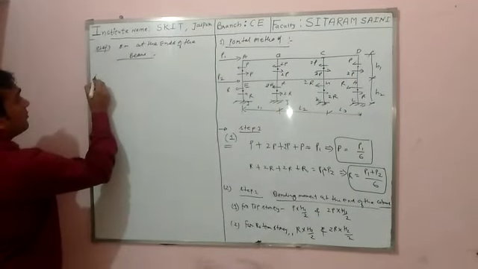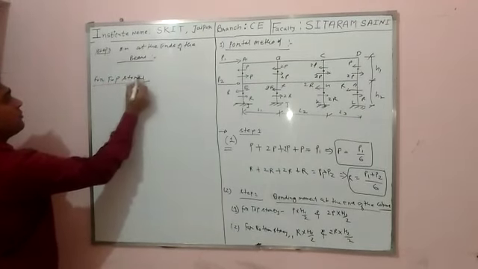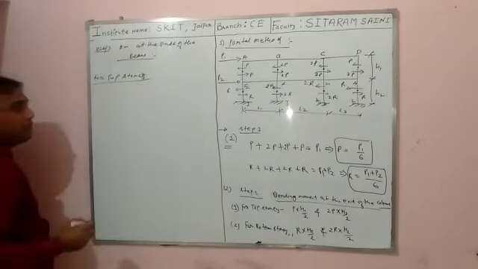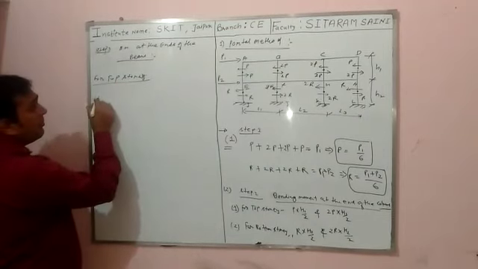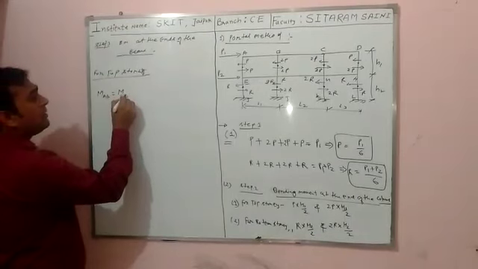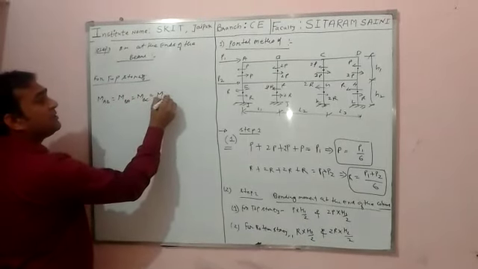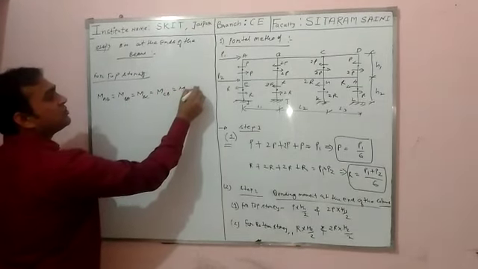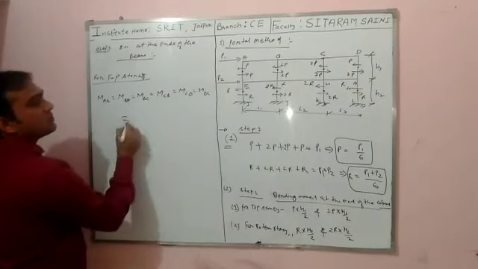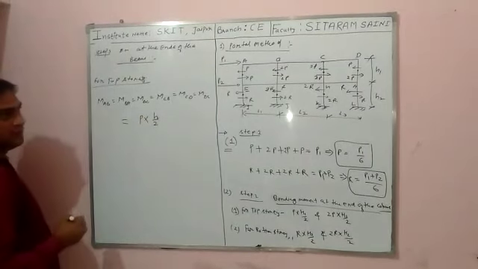Now for the top story, moment MAB is equal to MBA is equal to MBC is equal to MCB is equal to MCD is equal to MDC is equal to P into H1 by 2 only.